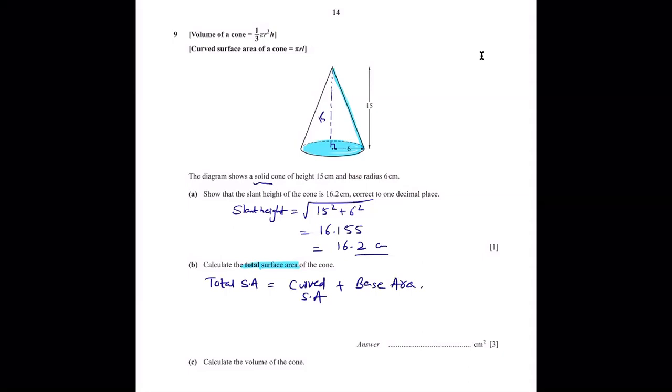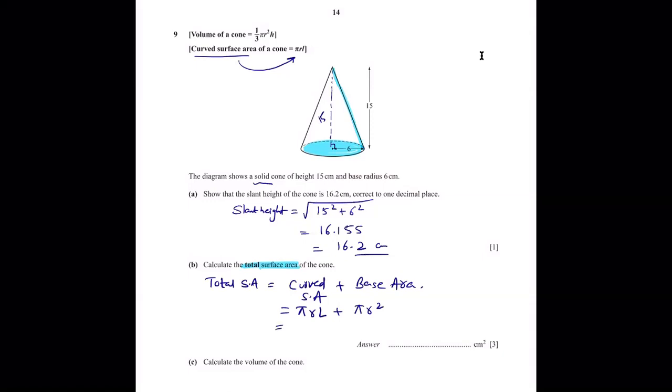Remember that for shapes like cone, pyramid and sphere, you are going to be given the formulas for the volume and the surface area. So the curved surface area for the cone is pi RL, R is the radius, L is the slant height of the cone, plus the base area, and the base area is equivalent to pi R square.